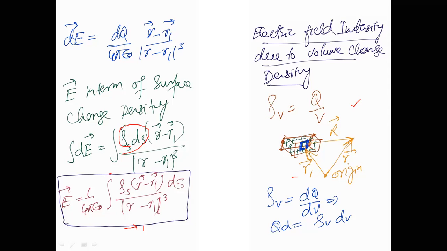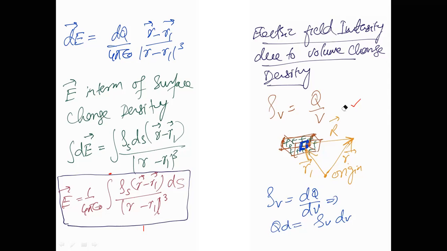Now applying the integration, this integration will be for the whole surface, to consider the complete surface, not the fraction of the surface but the complete surface. So rho s r minus r1 over r minus r1 whole cube. I have written it by hand with different colors, for your convenience and interest.